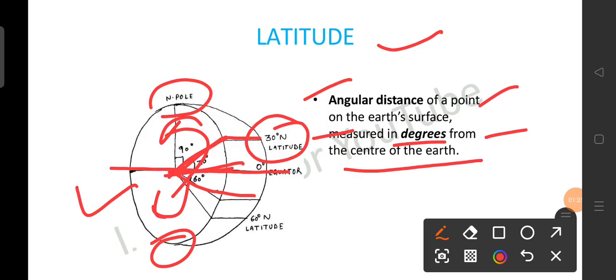Suppose we come across the point 23.5 degree. It means the line which passes through so many countries, even India, and the name of the line is Tropic of Cancer, that is Karka Rekha.